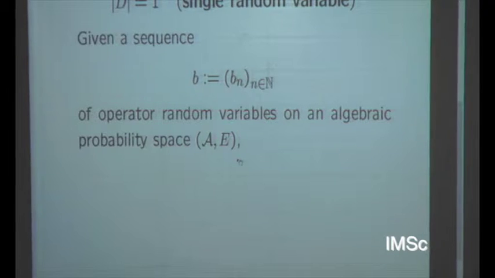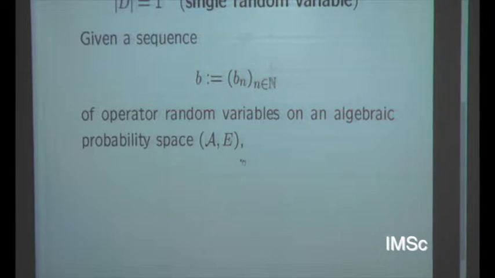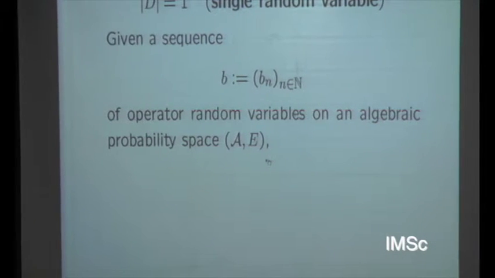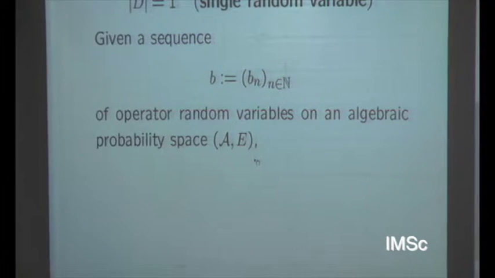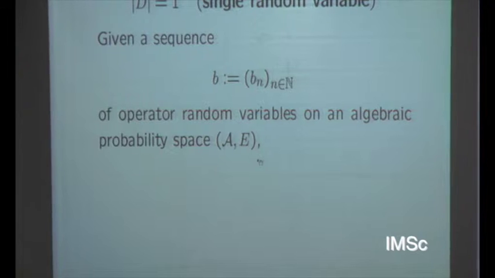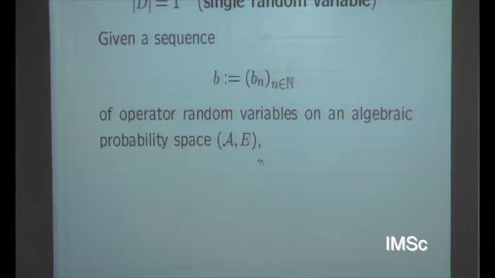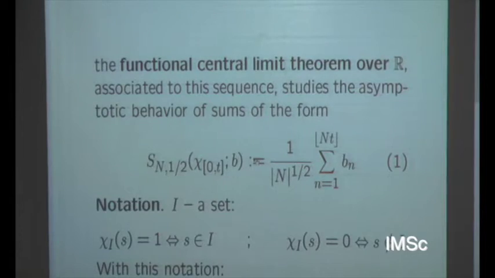So let us say central limit theorem of Gaussian type rather than Poisson type, in which the expectation value doesn't depend on n itself. So we have a single probability space. The context is much simpler.